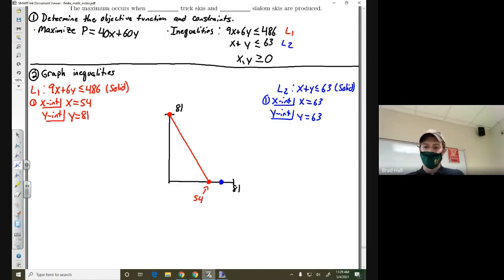So this one's x is 63, so of course 63 is on the right. And then y is 63 for the y-intercept. That just needs to be below 81. And as long as you do that, you get this intersection.